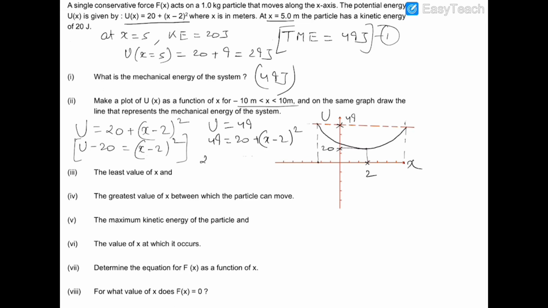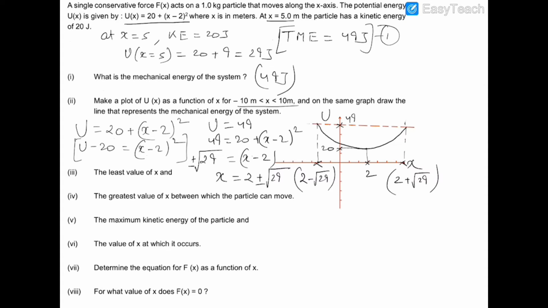So root 29 is equal to x minus 2 with a plus minus sign, and x will be equal to 2 plus minus root of 29. So this will be 2 minus root 29 and this will be 2 plus root 29. So these are the x coordinates of the points where the potential energy will be maximum.